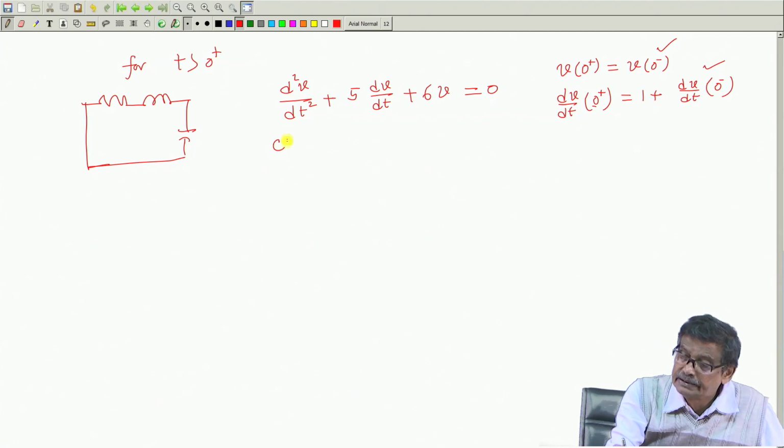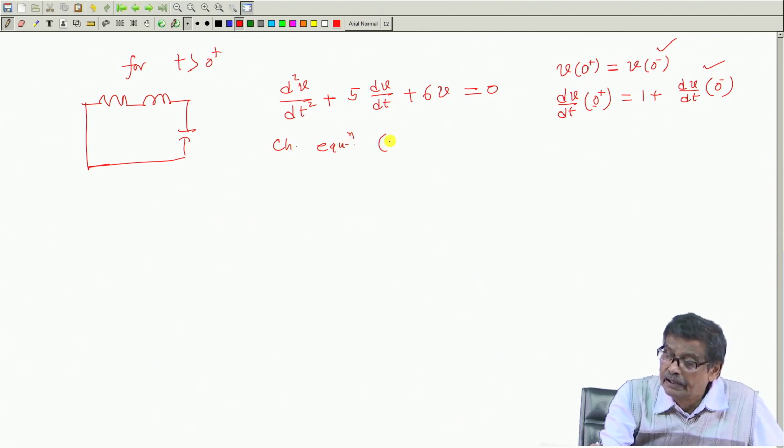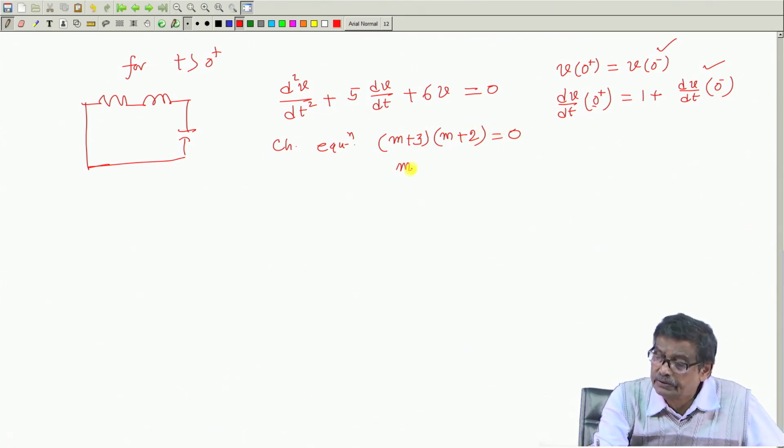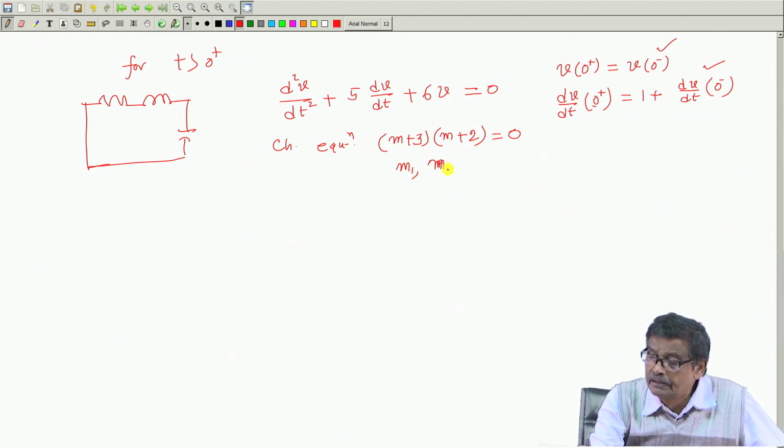Then the characteristic equation, in this case it will be (m plus 3)(m plus 2). I am quickly writing this. The roots are not equal for this particular problem: m1, m2 will be -3 and -2.